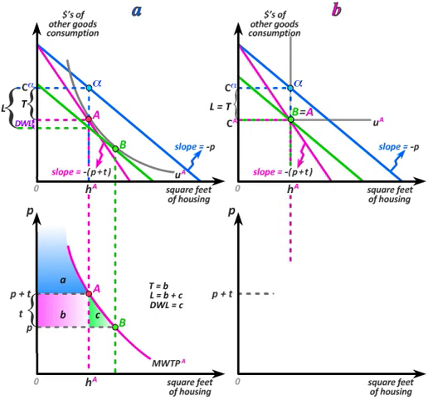We can then again translate the information from the upper graph to a lower graph with square feet of housing on the horizontal and the price of housing on the vertical.